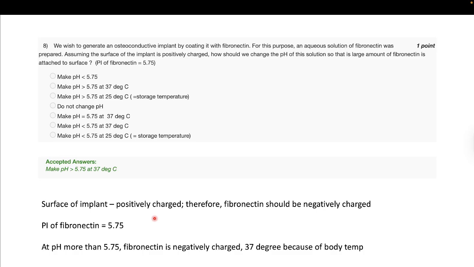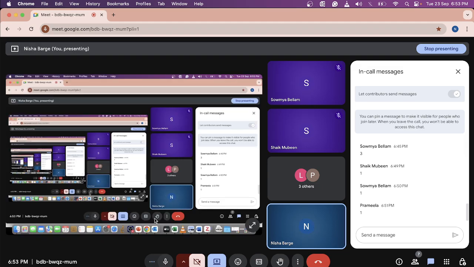And why 37 degrees Celsius? Because it's your body temperature. So better to keep everything at 37 degrees Celsius while you're doing this, so that it mimics the body temperature. So the correct answer is you keep your pH above 5.75 at 37 degrees Celsius. Is this clear? I hope there are no doubts with this.